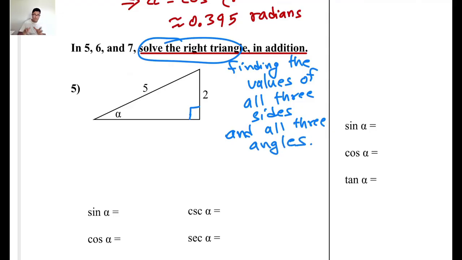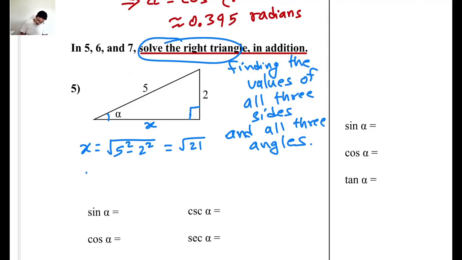That is the meaning of solving a triangle. So here it will be the third side. We call it x. That x will be under root 5 squared minus 2 squared, by Pythagoras theorem. The hypotenuse is 5. So that is under root 25 minus 4, that is under root 21. That is x.